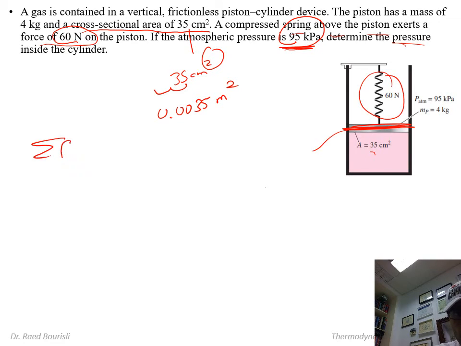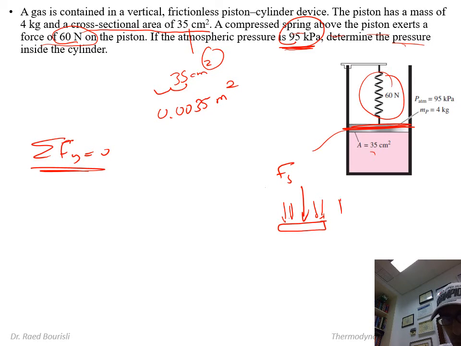So sigma F in the y direction is 0. I'm abbreviating this. So you'll have F of the spring, and F of the atmospheric pressure. So P atm times A, the cross-sectional area of the piston.